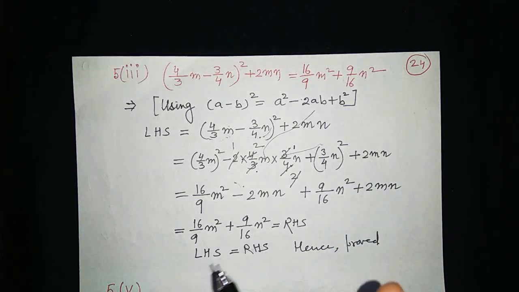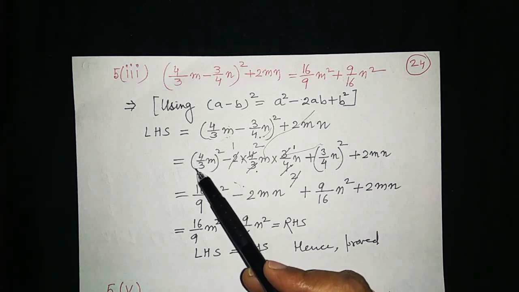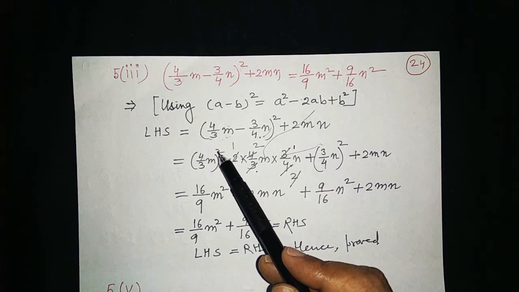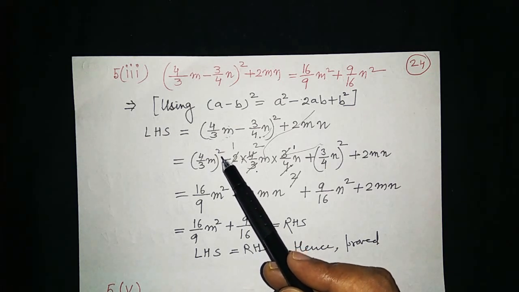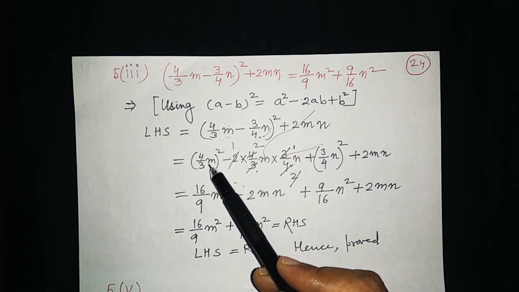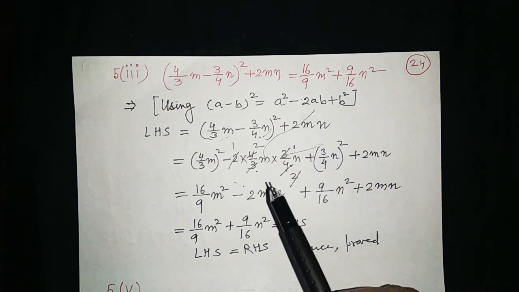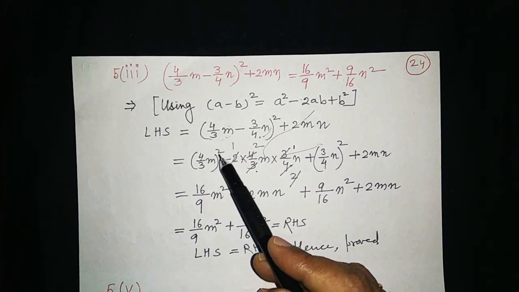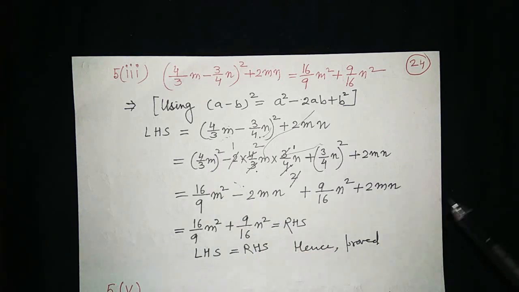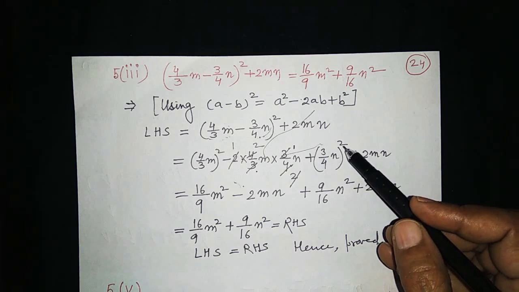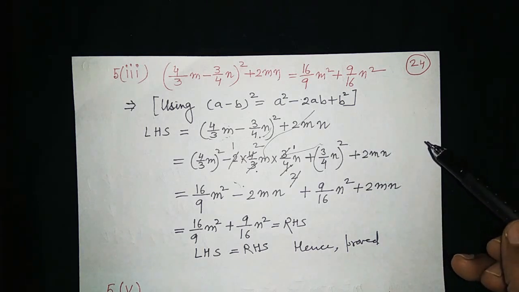Now keep this in mind: you must put the whole 4 upon 3m in brackets, otherwise you will square only m and your answer will not come. So write 4 by 3m in brackets and then square it, and also write 3 by 4n in brackets and then square it.